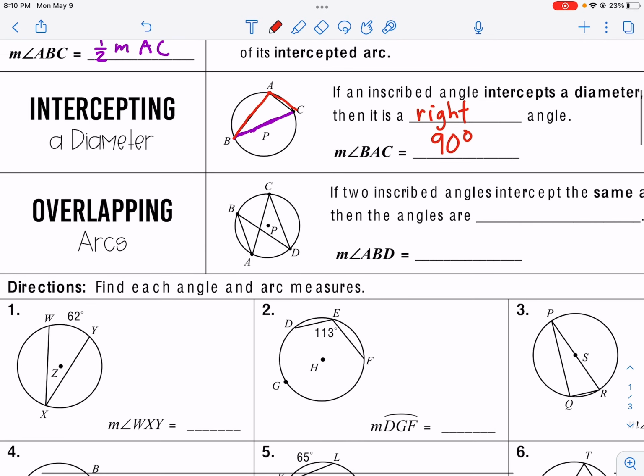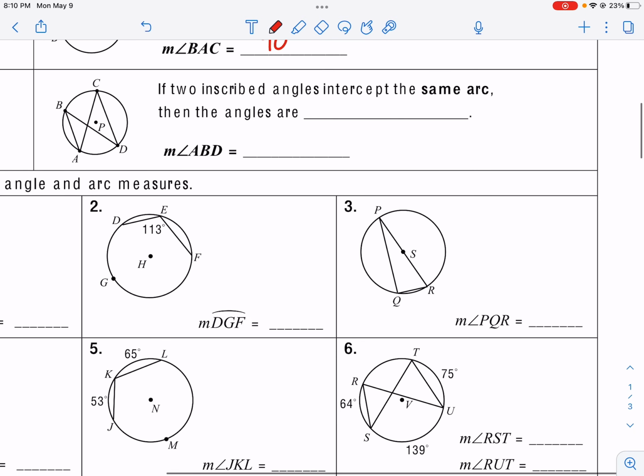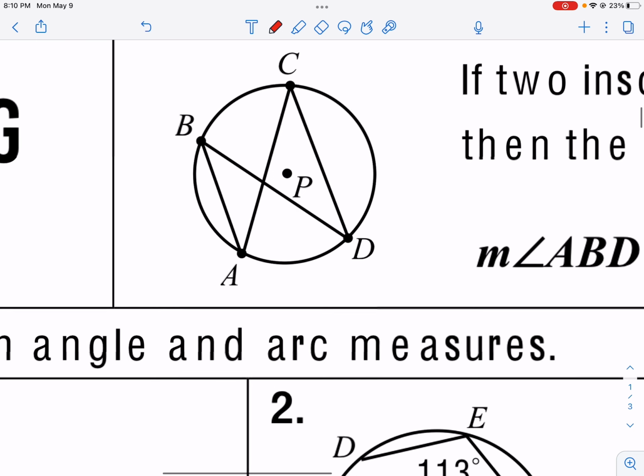We also have overlapping arcs. If two inscribed angles intercept the same arc, then the angles are congruent. This is a little bit hard to see, but looking at this circle, let's do angle ABD.